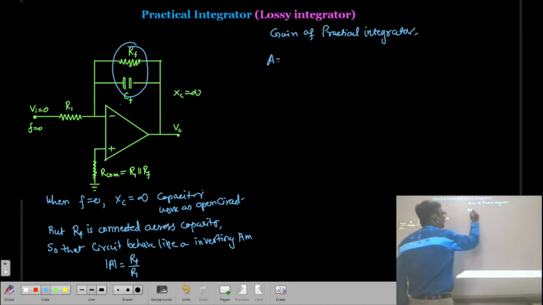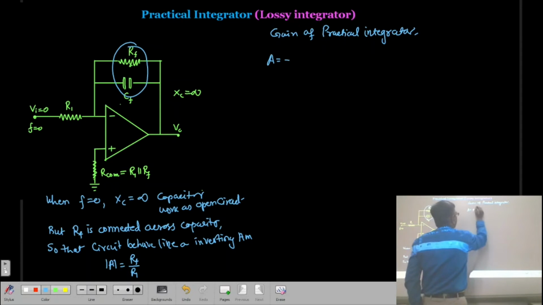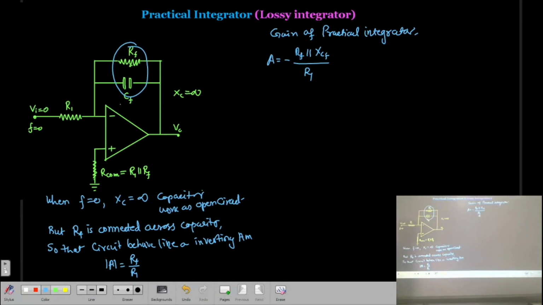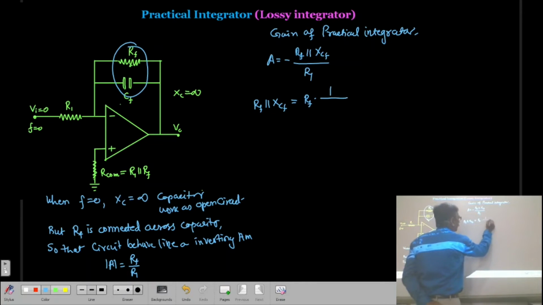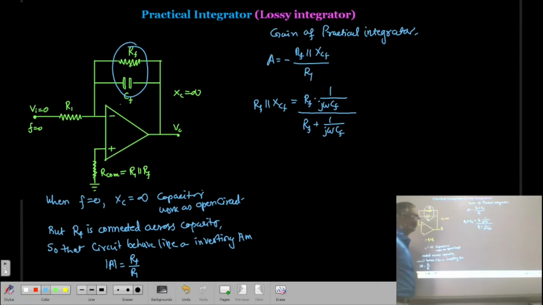So we have to consider this, and both are in parallel. So it is given as Rf parallel Xcf divided by resistance R1. Correct? So now let us see what is Rf parallel Xcf. Already you know that it is Rf and Xcf means 1 upon j omega Cf, divided by, we can write, Rf plus 1 upon j omega Cf.